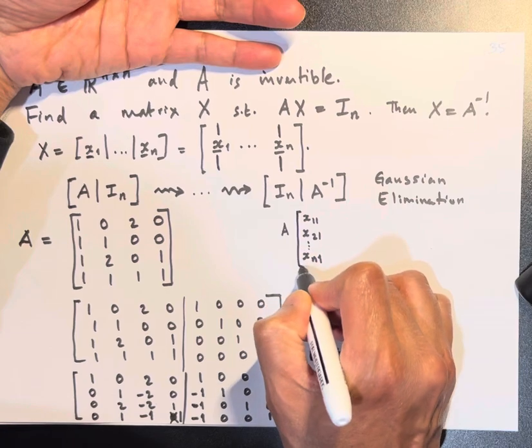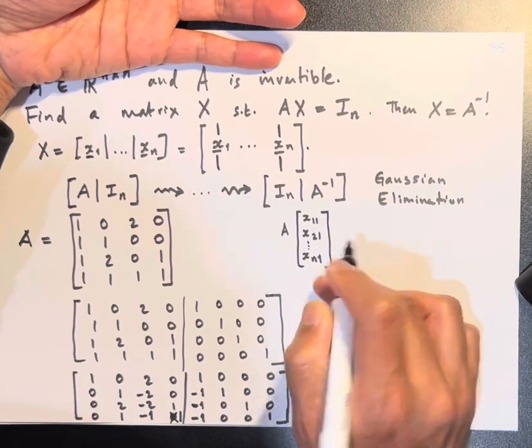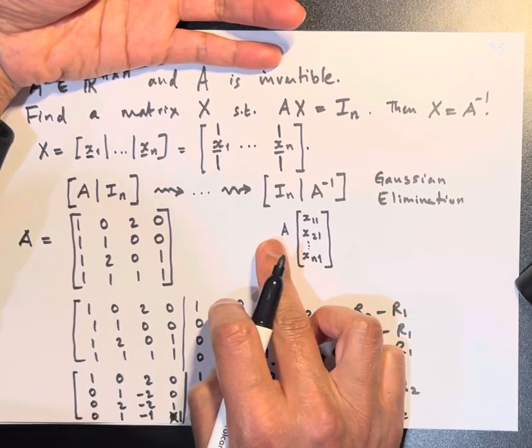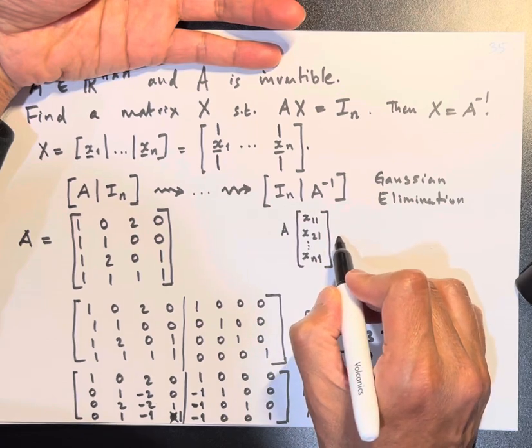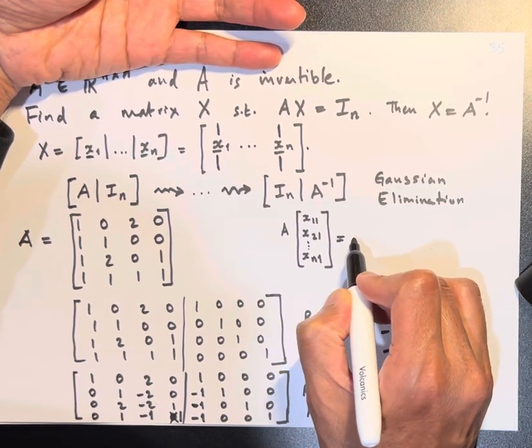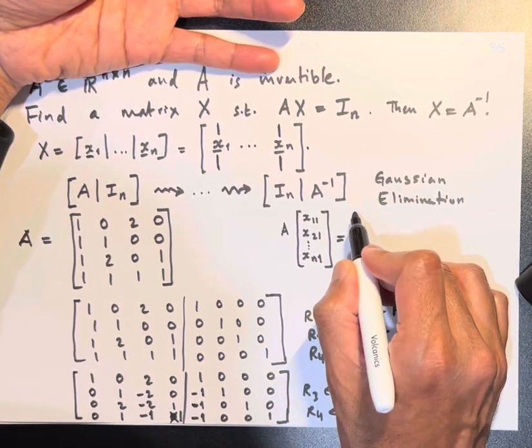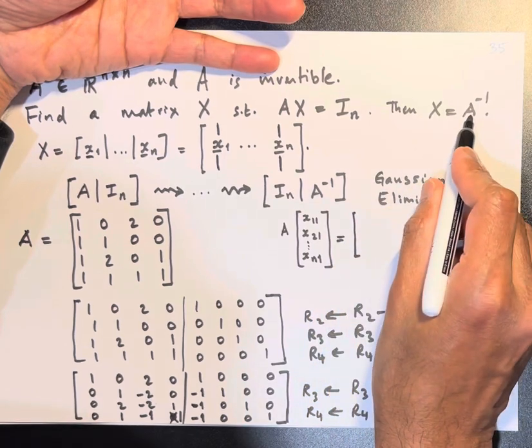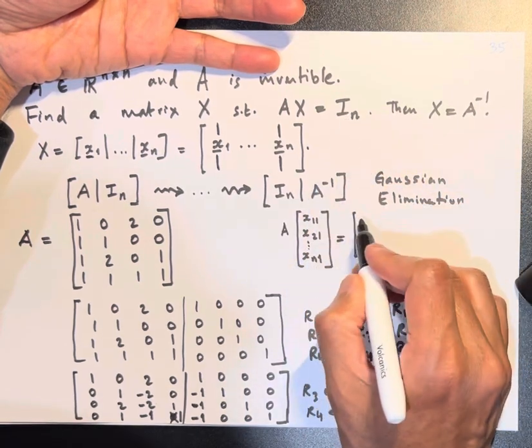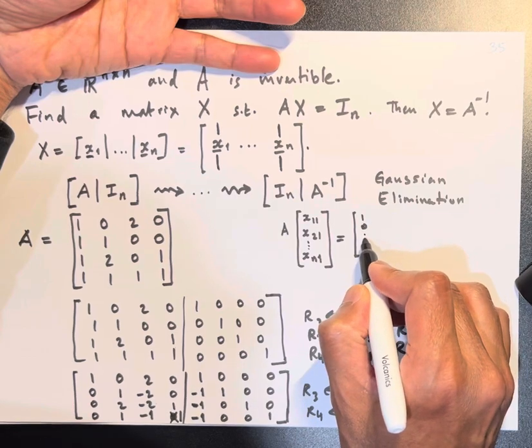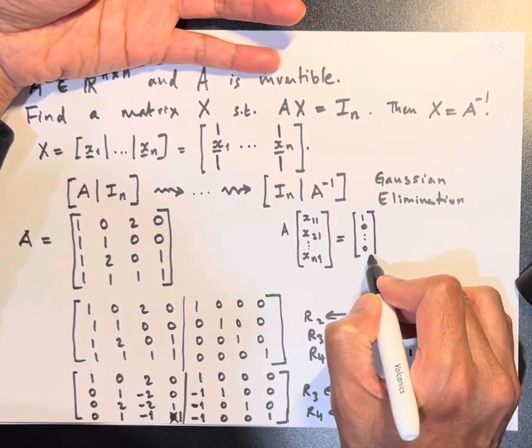Okay. Before we put some arbitrary b, but now we don't want arbitrary b, we want just the first column of this I_n, right? So 1 0 and so on, correct?